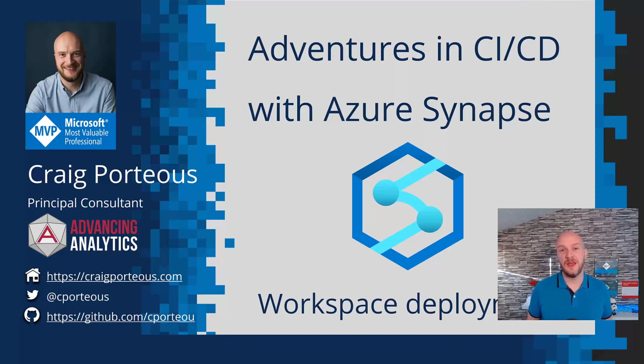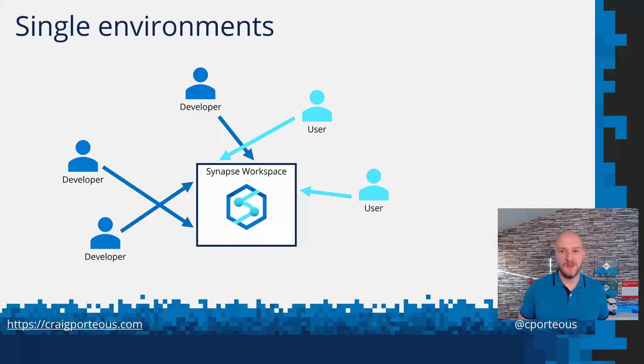So let's start by thinking about how you develop within Azure Synapse and the different scenarios that might come up. The first one is using a single environment. So how does that work with multiple developers, potentially users coming in and using that system while development is taking place? It's quite difficult.